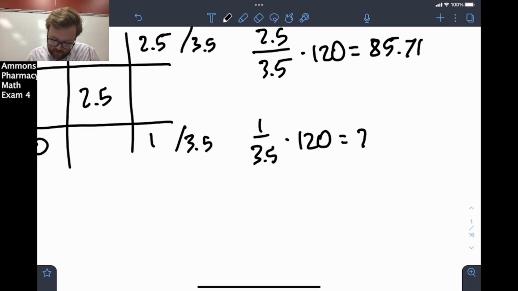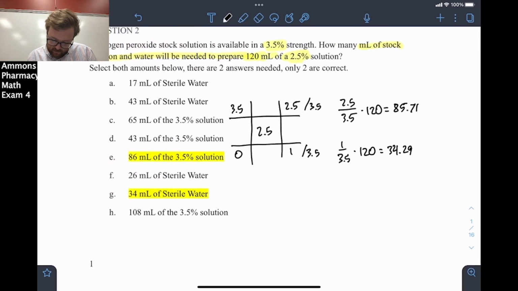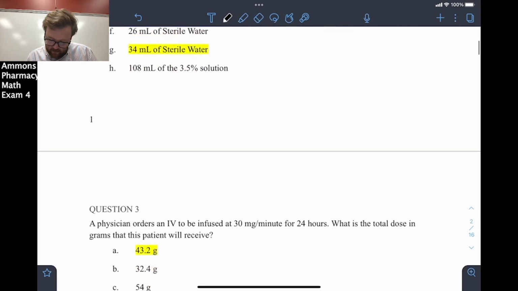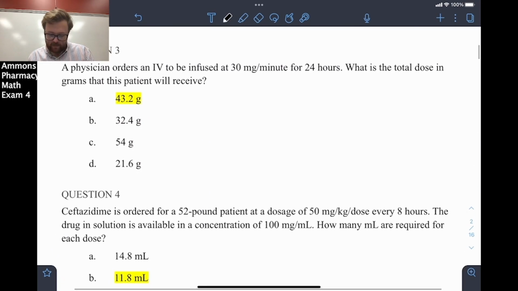Whoa. That is 34.29. Okay, 86 mils of 3.5, 34 mils of water. Got it. Okay, switching gears to a rate of infusion.